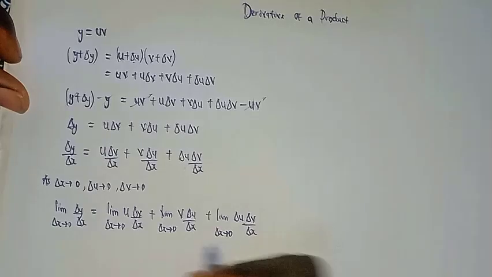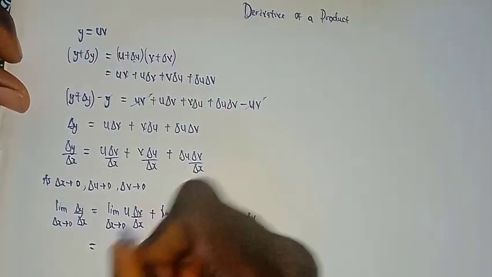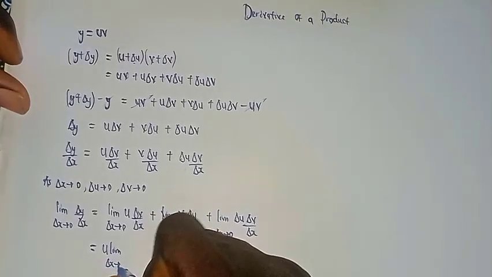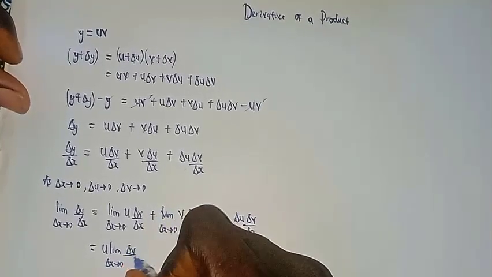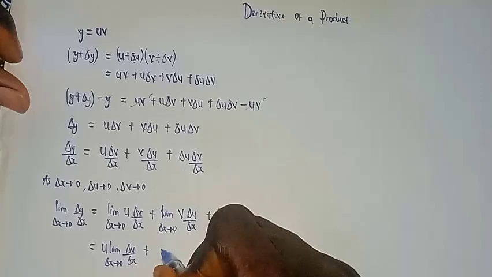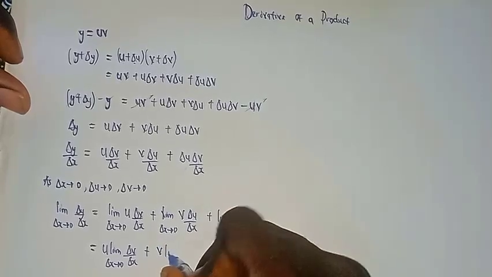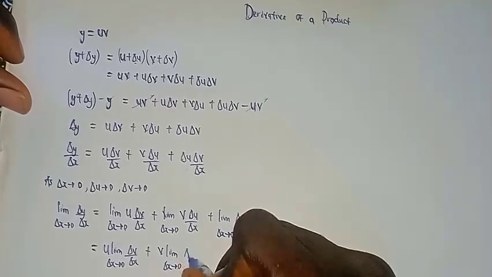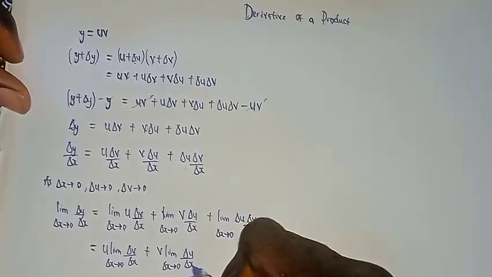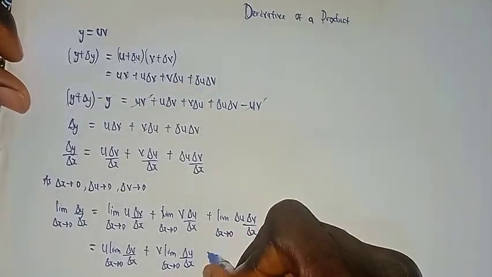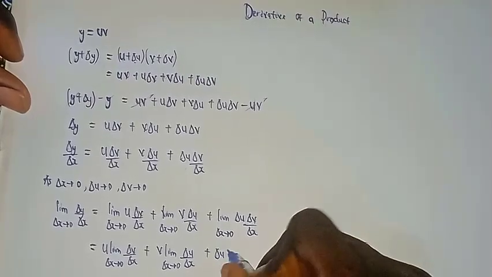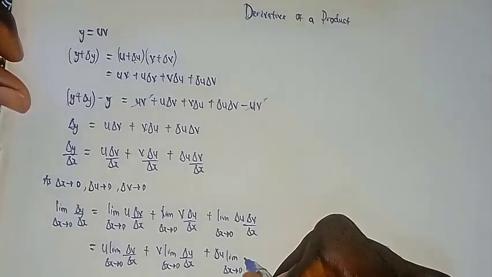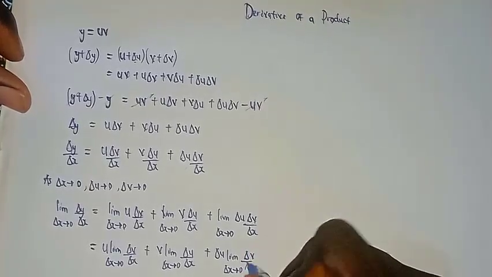Now we can simplify this to be written as u limit as delta x approaches 0 of delta v over delta x plus v limit as delta x approaches 0 of delta u over delta x plus delta u limit as delta x approaches 0 of delta v over delta x.